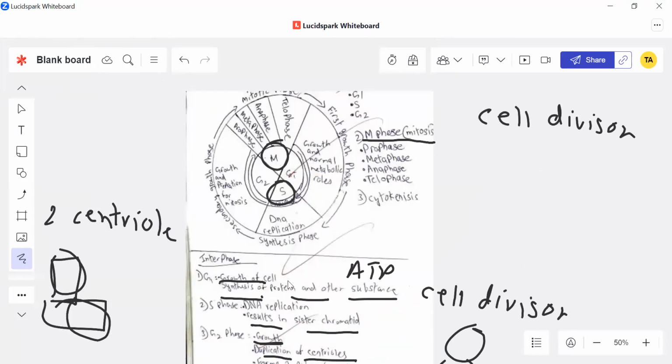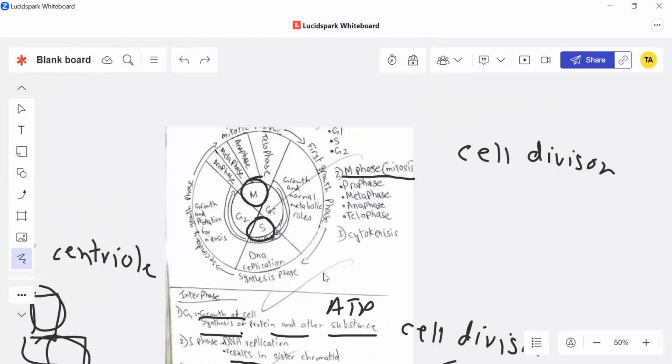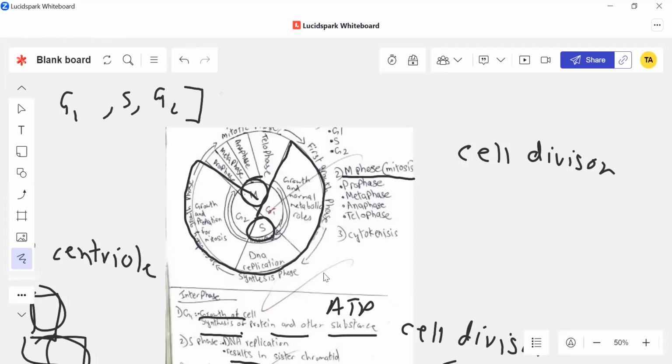So these were the three stages. And then comes the main stage, mitosis. I told you earlier, there are four stages of cell division: G1, S, G2, and then M phase. Remember this big chunk where there is G1, S, and G2 phase, these three stages are called interphase.